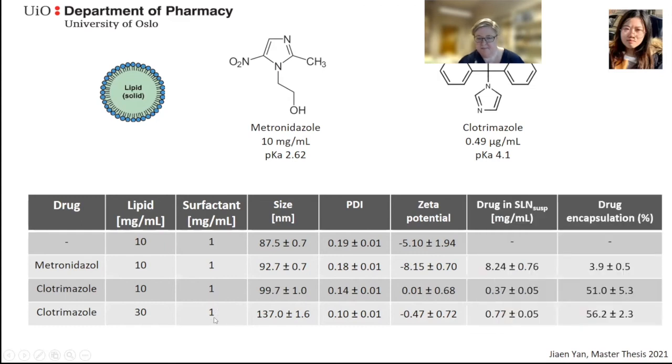But when we look at the drug encapsulation, we can see that very, very low amounts, practically none, were loaded from the water-soluble drug. And around 50% encapsulation was obtained for the clotrimazole, the lipophilic drug.